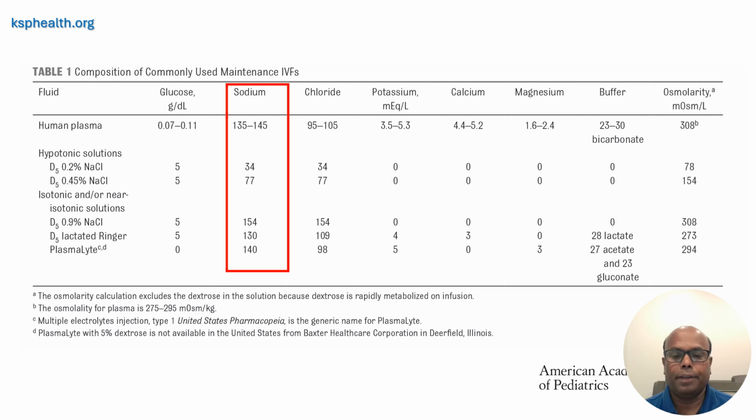Half normal saline has a sodium of 77. Normal saline has 154, lactated Ringer's has 130, and Plasma-Lyte 140. Only normal saline has an osmolarity similar to human plasma. Next closest is Plasma-Lyte.